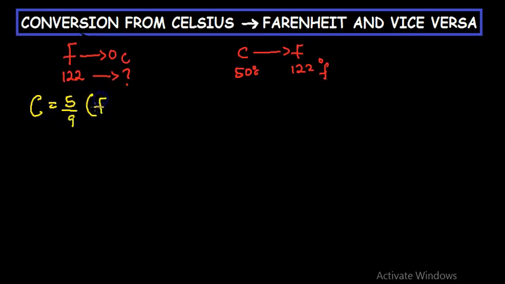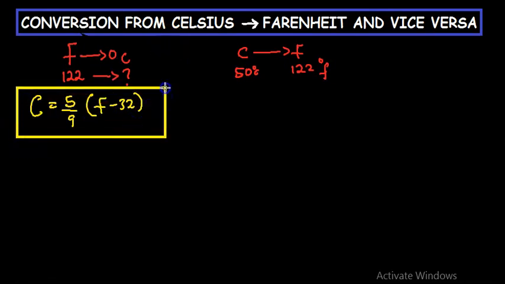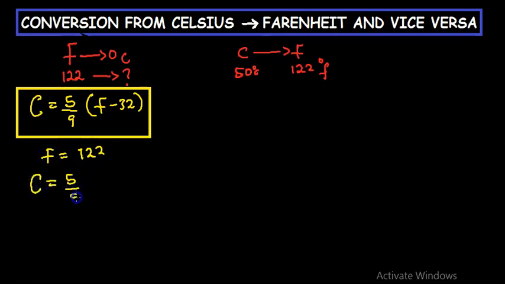Remember, our Fahrenheit is 122. This is simply going to be C, which is equal to 5 divided by 9 into the bracket of our Fahrenheit. Sorry, we're going to replace the Fahrenheit with 122 minus 32. 122 minus 32 is simply going to be 90.